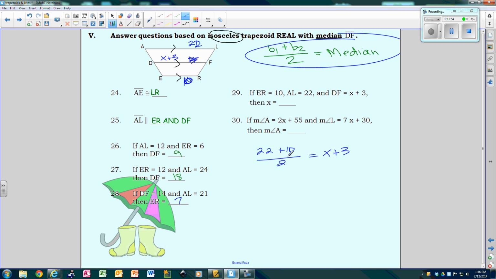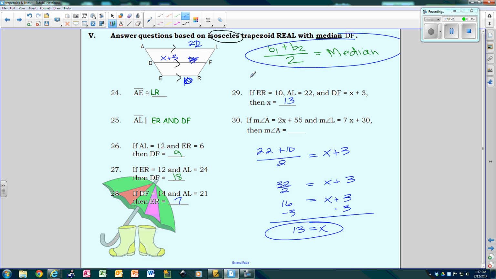Well, since these are all just whole numbers, then I just add them together. 22 plus 10 is 32. 32 divided by 2 is 16. So 16 is equal to x plus 3. So if I subtract 3 from both sides, I find out that x is 13. So that would make this 16.